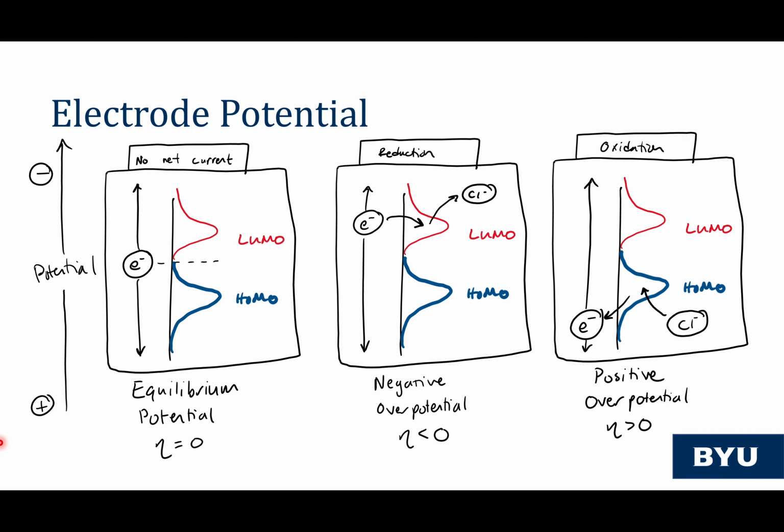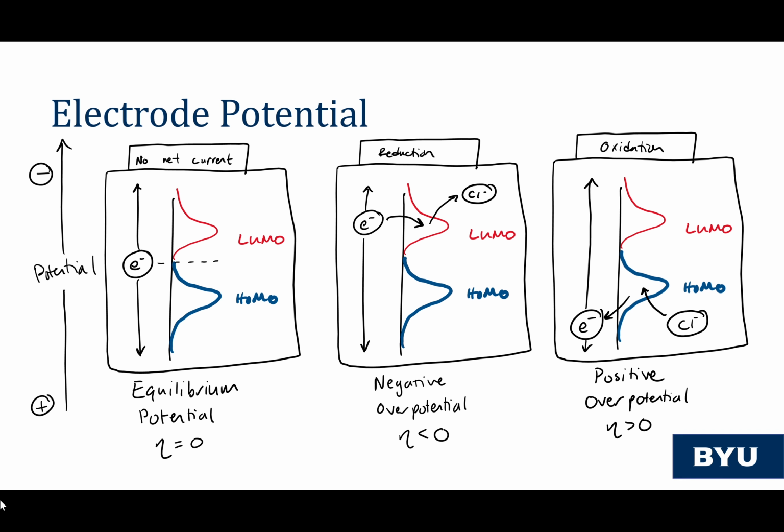So what if we put an electrode, where we have our valence band and conduction band, in with an analyte solution? Then we'll have an energy level here for our electrode, and energy levels here for the analytes in our solution.